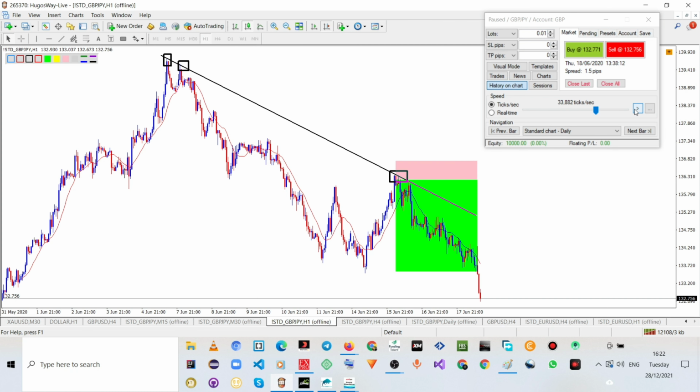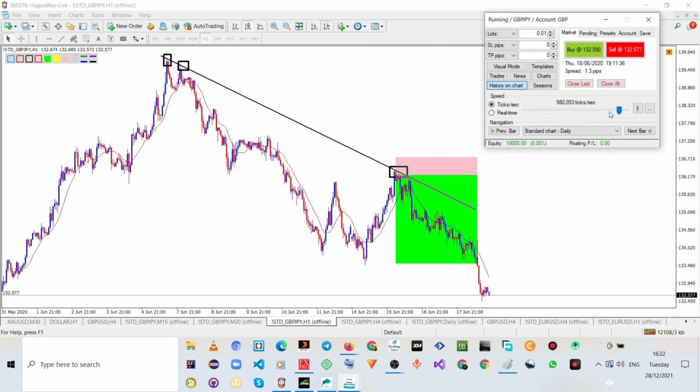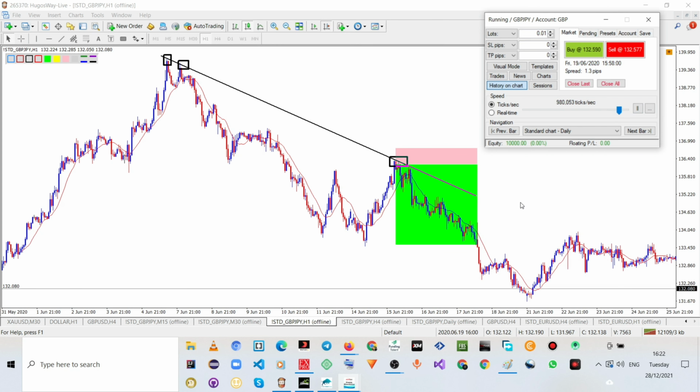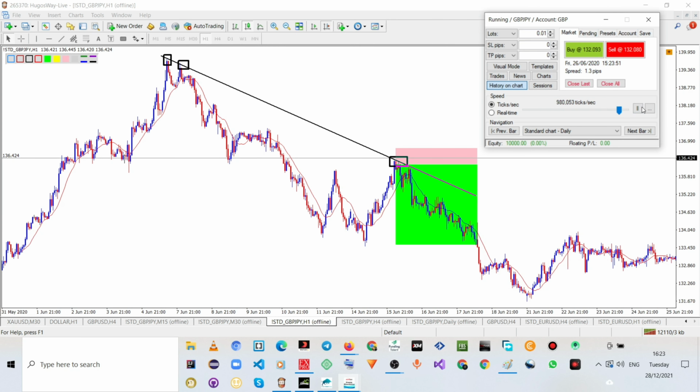So I'm going to be moving on to show you a buy scenario. So we're just waiting for the trend to shift its momentum. Oh, let me pause. It's moving fast, can't control it. So that's the indicator, guys.